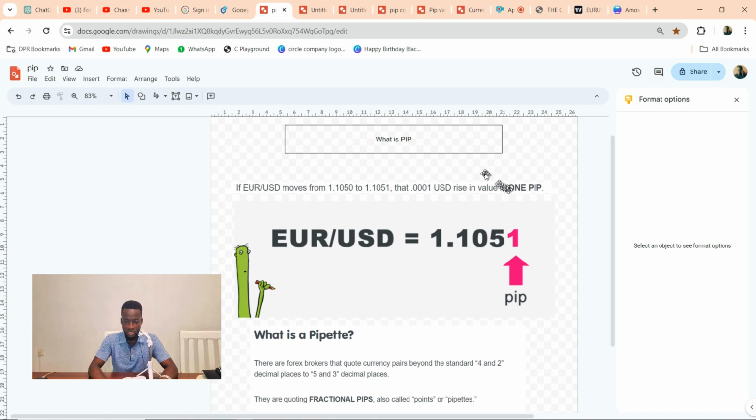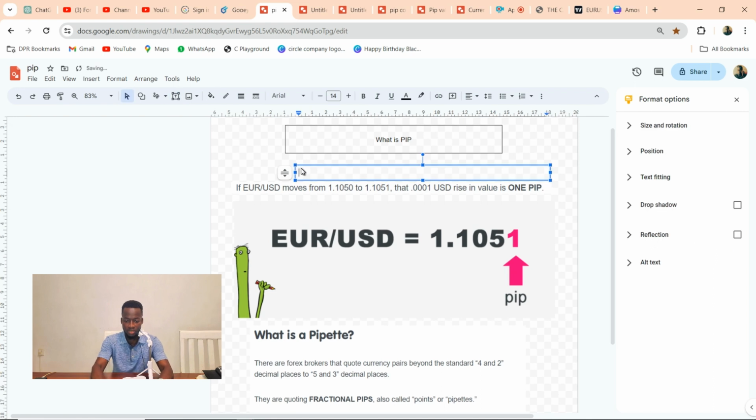Let me try to put that down. I said 1 Naira 1112 kobo, it moves to 1 Naira 1113 kobo. You see, this difference here is 1 pip.